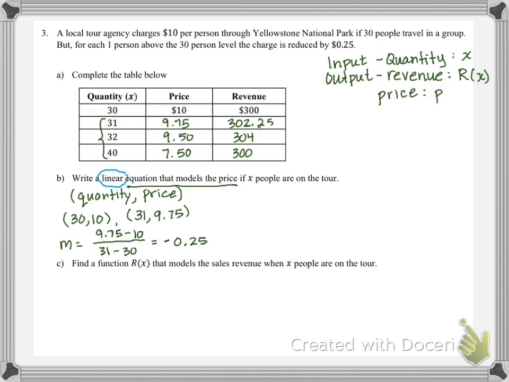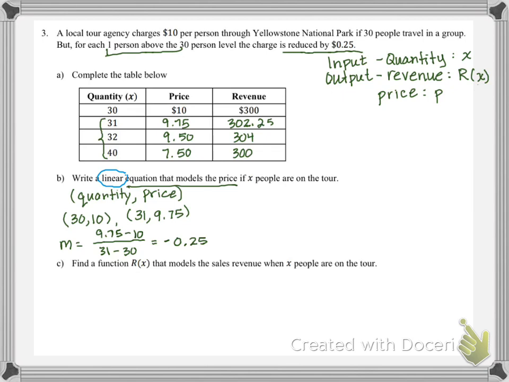And you might notice that that number is in our sentence too. Remember, the definition of slope is the change in the y value when the x value increases by 1. Well, up here we're saying that we're increasing the quantity by 1, and the result is a decrease in the price by 25 cents.